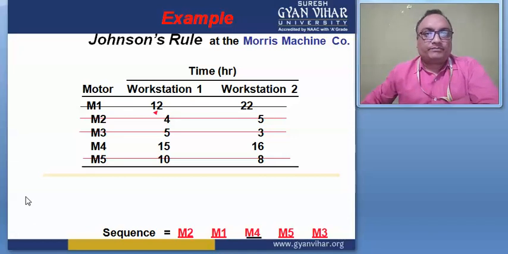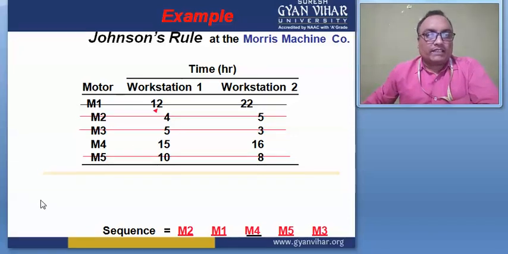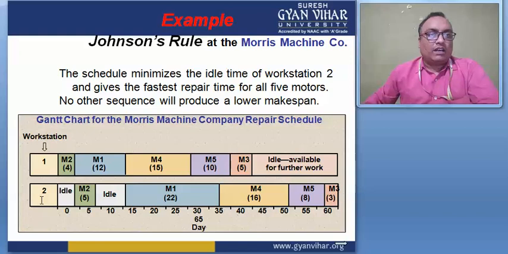And then move to the next slide. How to schedule this? Here we draw two rectangles. The first rectangle denotes workstation 1 and the second denotes workstation 2. What is required for this problem?